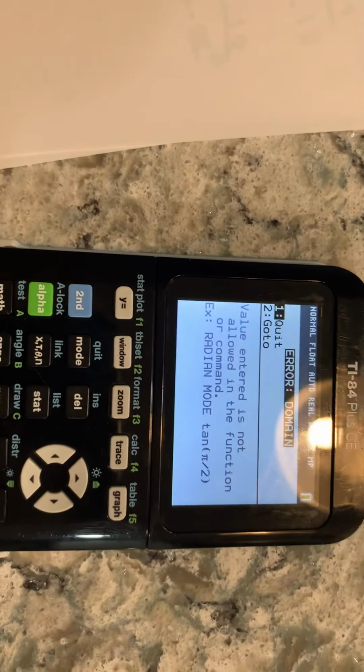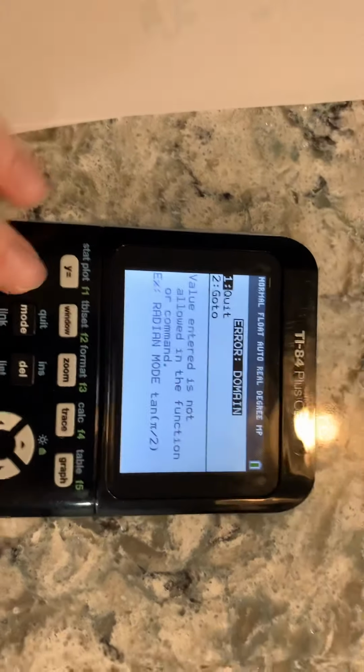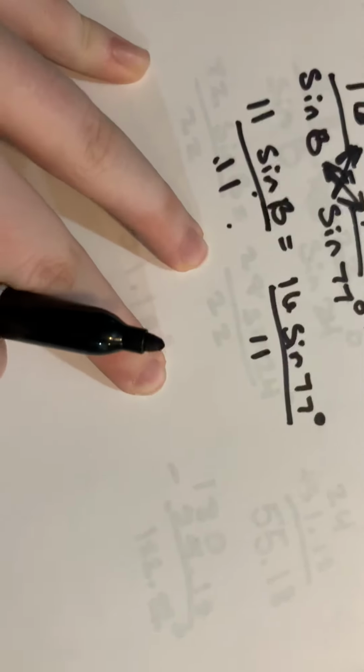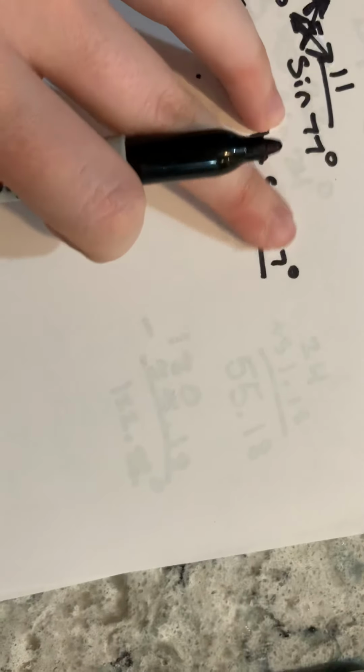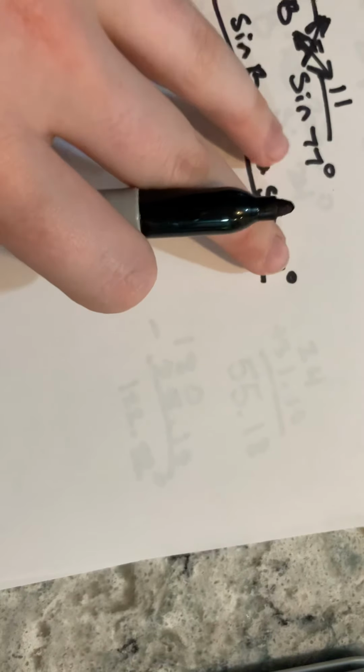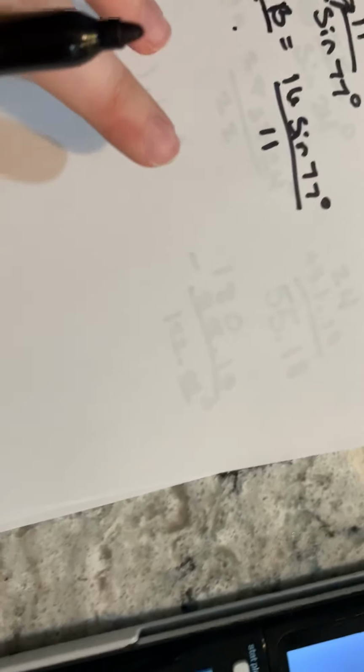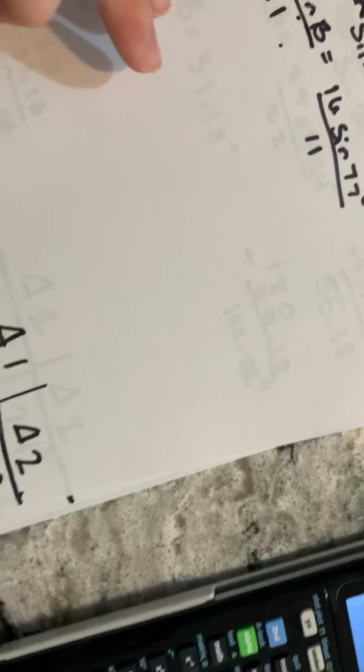Now when you click enter on it this time, you'll get an error. And that's because when you have a trig function, the value cannot be more than 1 when it is inside of the equation.